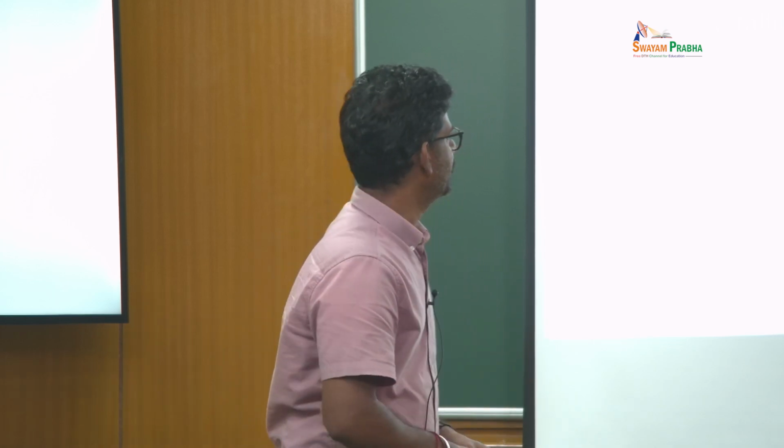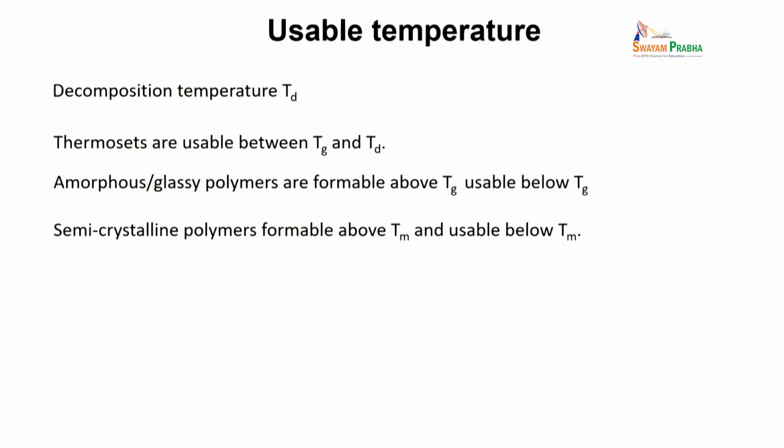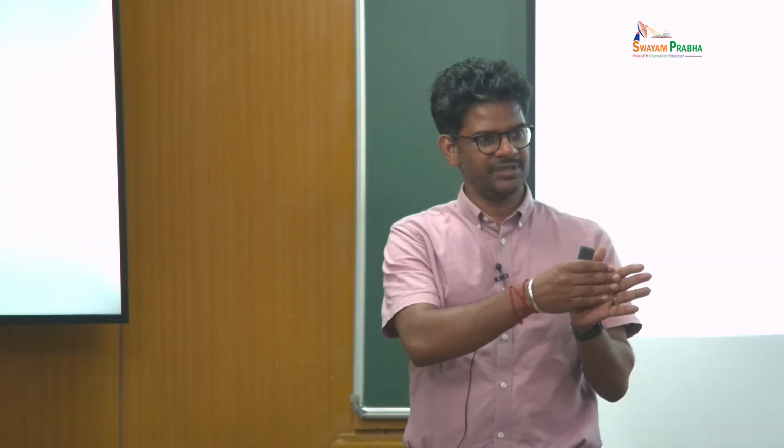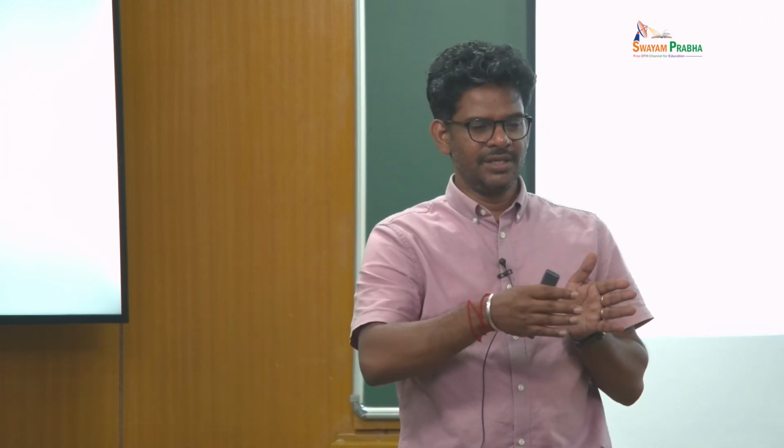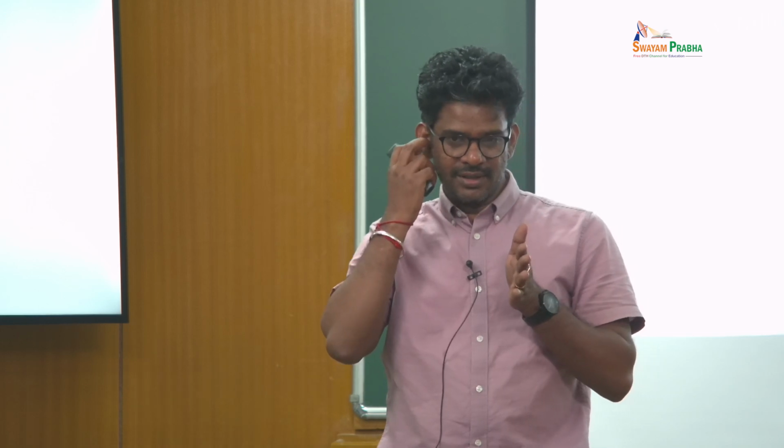Now when you have a thermoset, usually you'll use it over a temperature range between Tg and Td. Tg is the glass transition temperature, Td is the degradation temperature. You will put your thermoset for application in the temperature range that spans from Tg to Td.